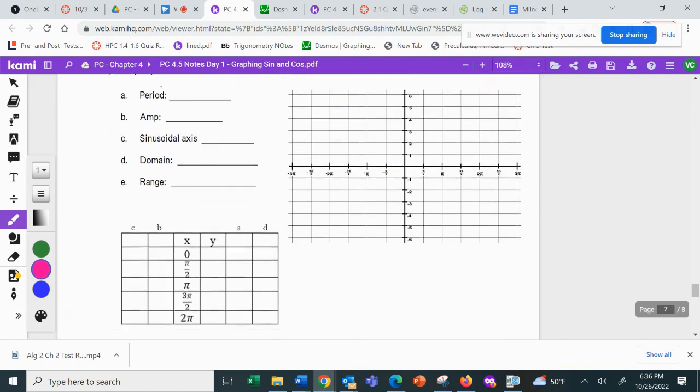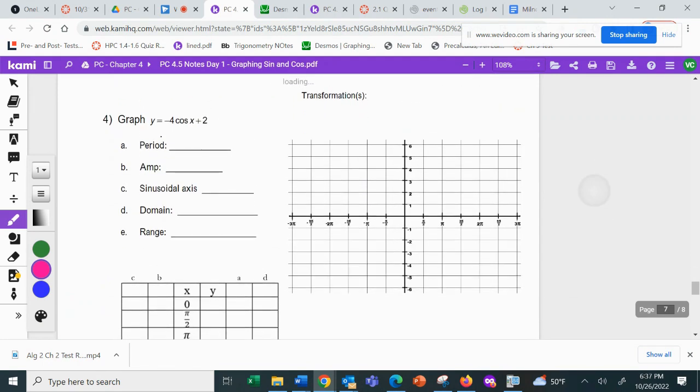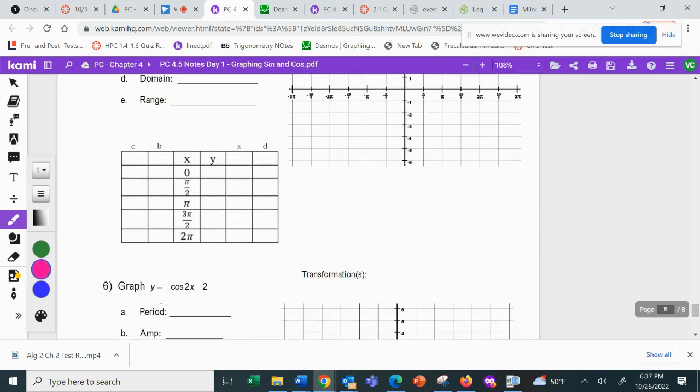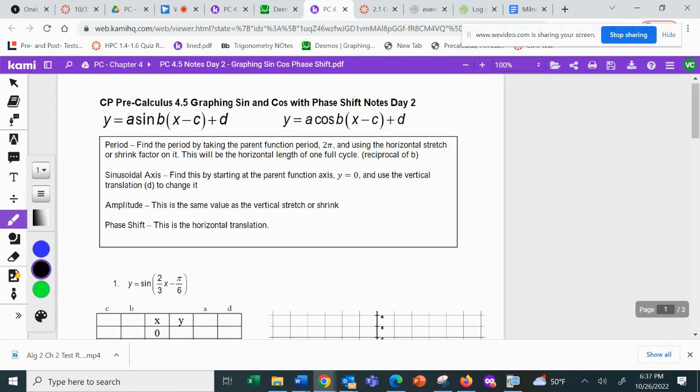So I'm just going to skip all of day 1 notes. There's lots that you can go watch the video on. Yeah, I'll just go to day 2 notes.